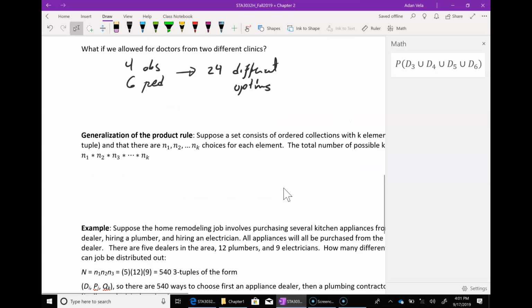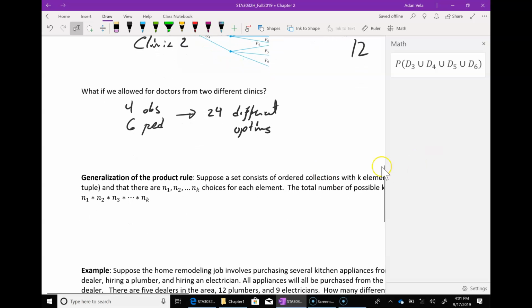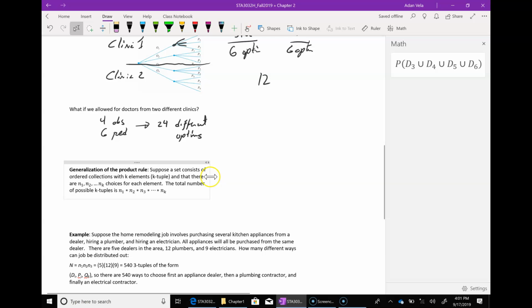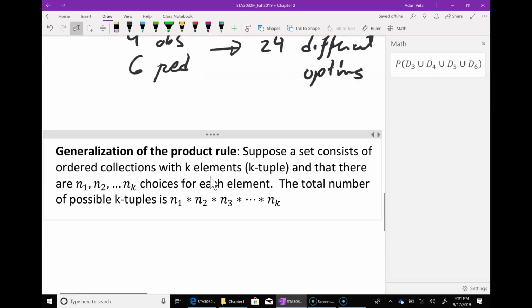Okay. So, this product rule generalizes pretty nicely, it just scales, right? So before we had 2 options, obstetricians, pediatricians.